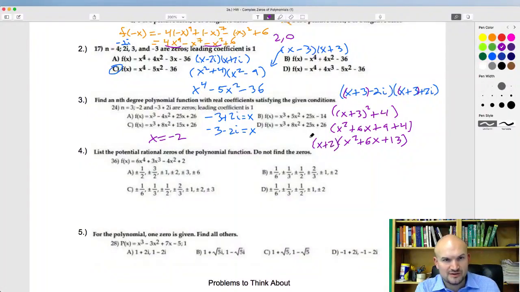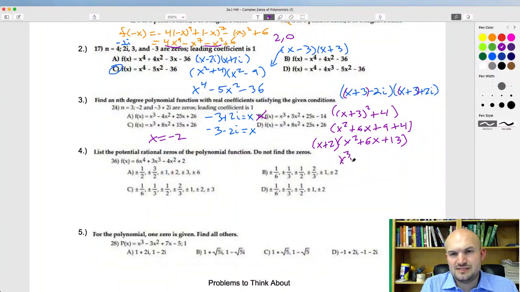Now, before I multiply all this, you can see that my last term is going to be 26, so that cancels that one out. My first term is going to be x cubed. That's good. So it looks like they want us to multiply everything out. Great. So x times x is x cubed. X times this is positive 6x squared. X times this is going to be a positive 13x. 2 times x squared is a 2x squared.